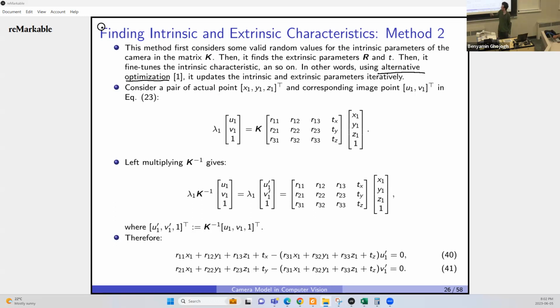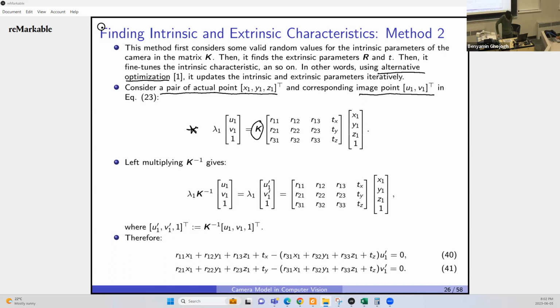Okay, now we were talking about method 2. So what were we saying? It updates the intrinsic and extrinsic parameters iteratively using alternative optimization. Consider a pair of actual point x1, y1, z1, and image point u1, v1 in terms of pixels, right? So we have this by equation 23. Now, for this iteration of alternative optimization, I assume I know K, right?